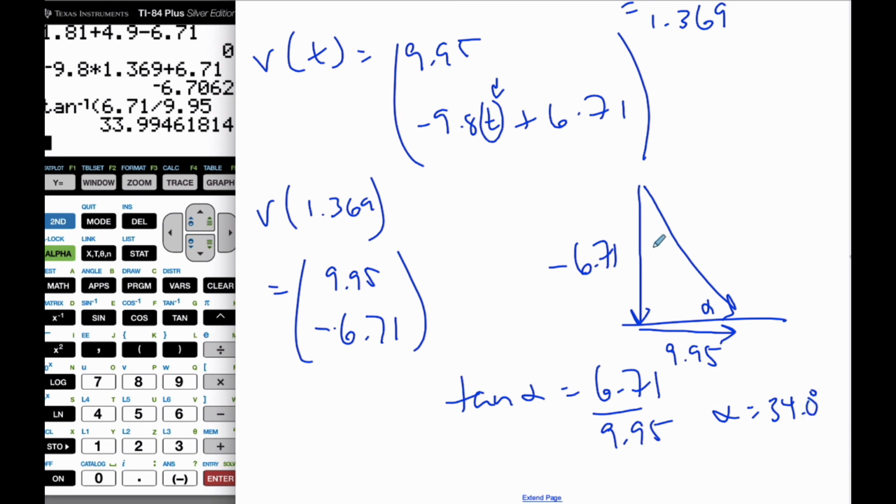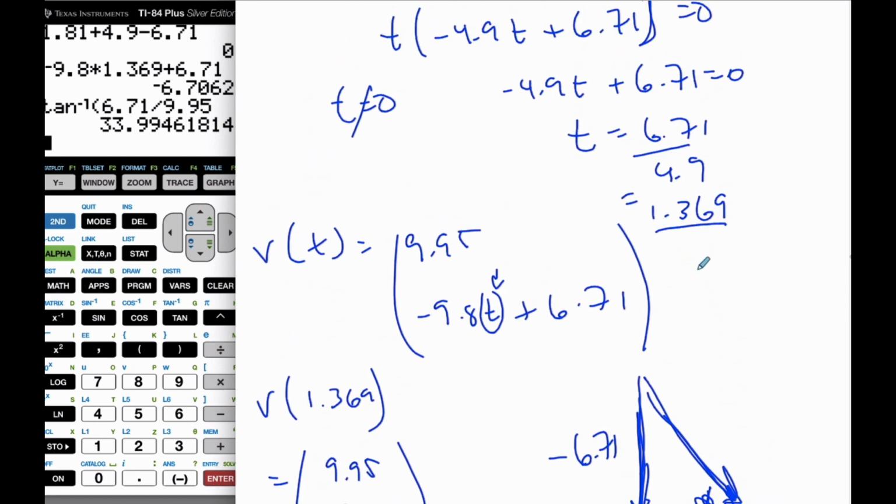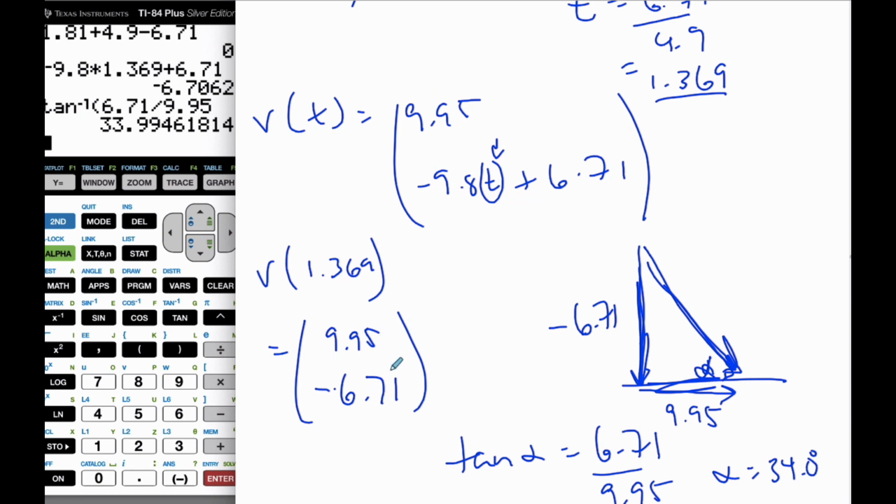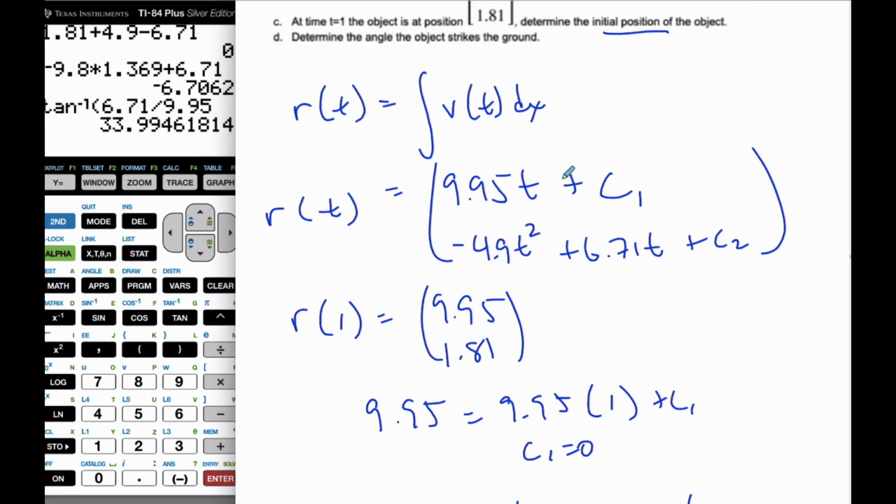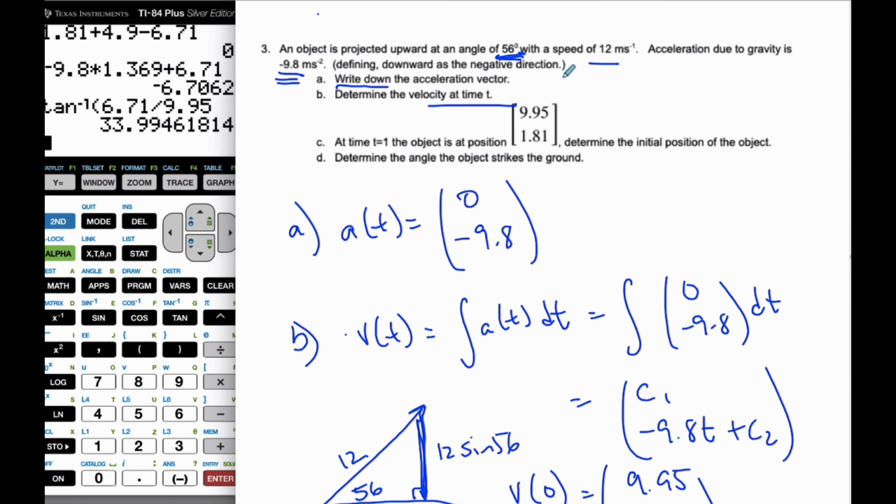And so we use the components of the velocity, the y and the x, to find the angle at which the object approaches the ground. We need the time when it actually approaches the ground to find the actual velocity. And so in doing these problems, we really have to think about acceleration, velocity, position, and time for them all, and deal with whether we are dealing with the x value or the y value of each part along the way.